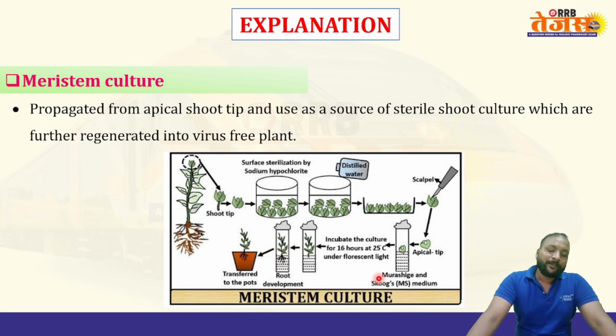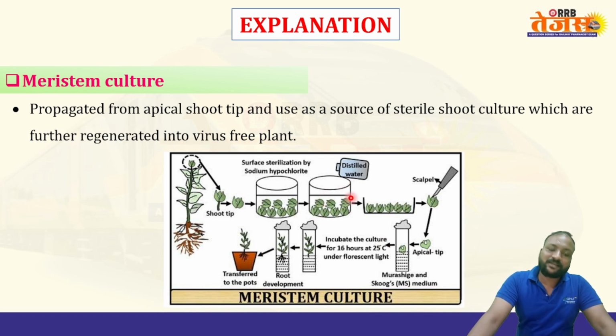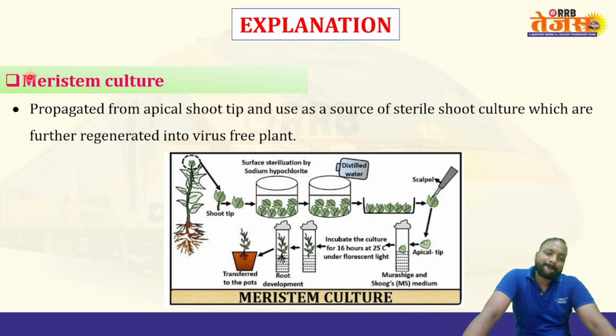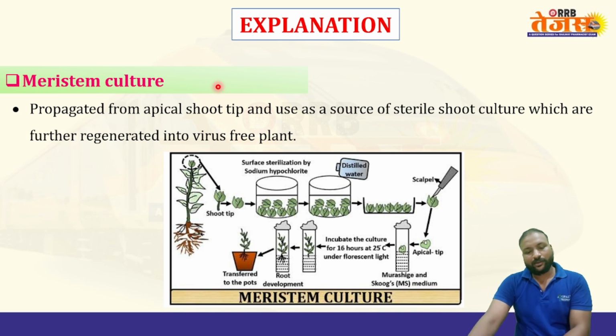Because we have done surface sterilization with sodium hypochlorite, taken the shoot tip, placed it in Murashige and Skoog medium and incubated it for 16 hours, we can regenerate the plant into a virus-free plant. Clear? That is the main application of meristem culture, so that we can get virus-free plants.